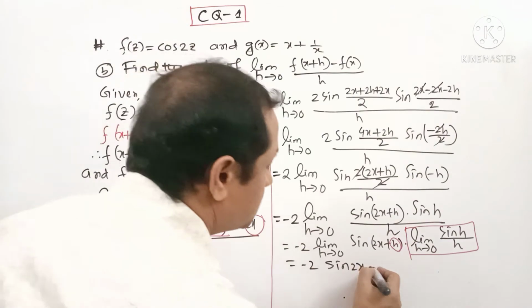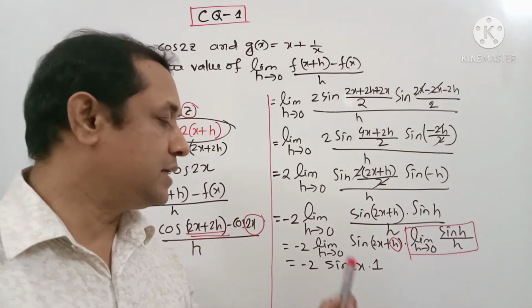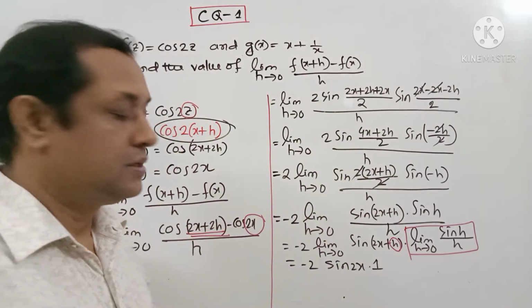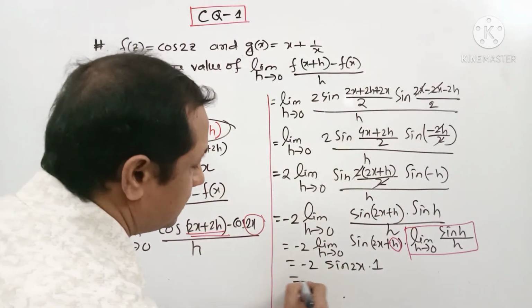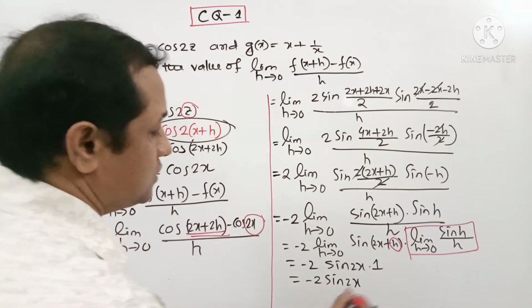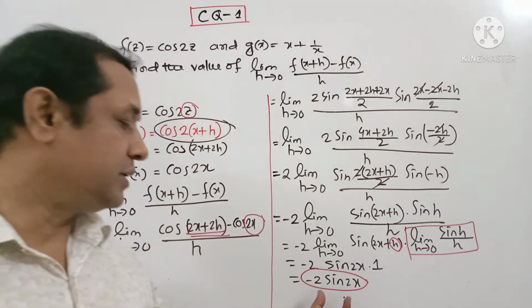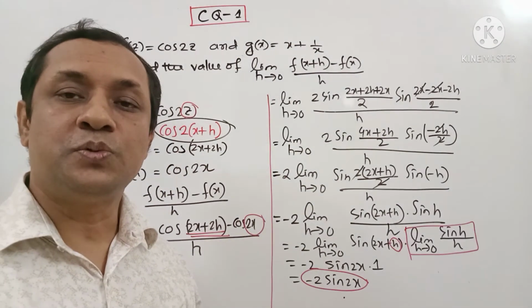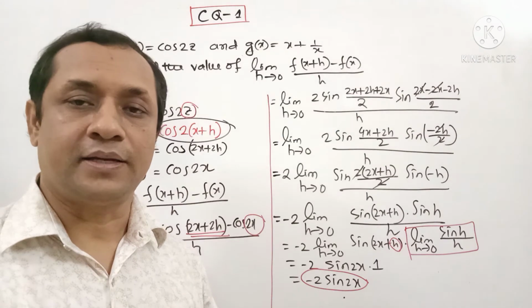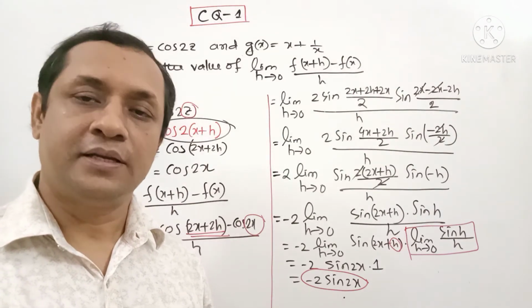So here student, the value of limit h tends to 0 sin h by h equals 1. So the result will be minus 2 sin 2x. So the required result will be minus 2 sin 2x. I hope that student, you are clear.